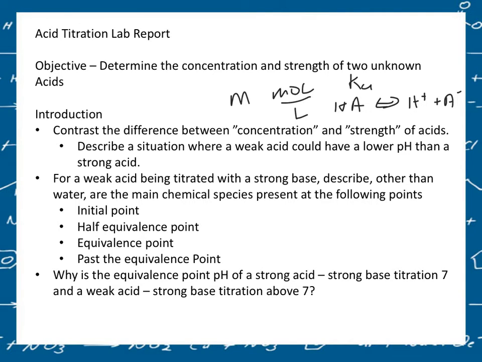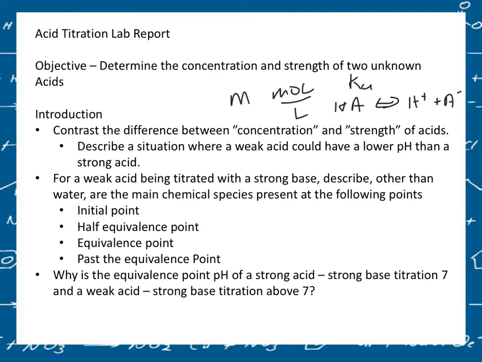So if you think about that, you can describe a situation where a weak acid could have a lower pH than a strong acid, and that's because you have to consider the concentration with these. If I have a very, very, very dilute strong acid, I'm going to have a pH that's approximately 7. If I put 1 drop of HCl into 3 liters of water, it's mostly water and it's going to be ever so slightly less than 7.